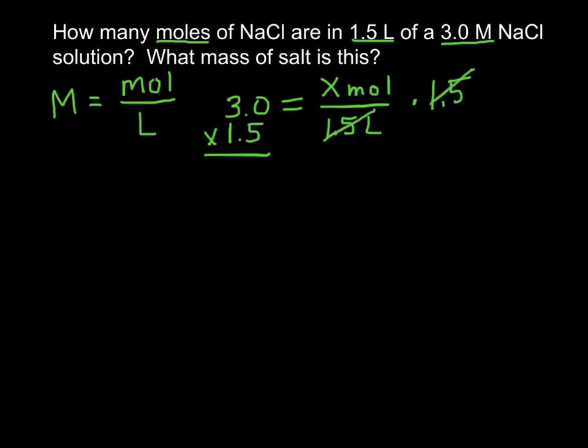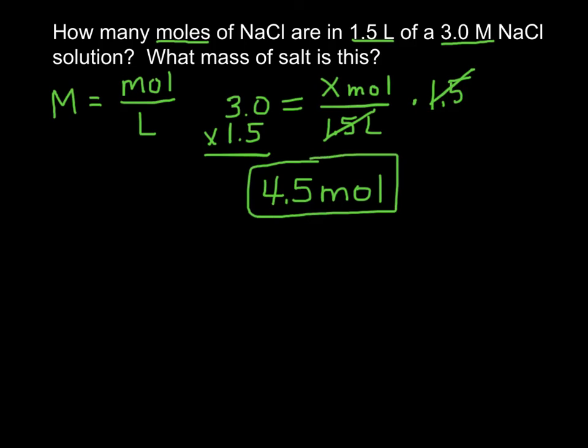The 1.5 cancels on that side, and you end up with 4.5 moles. 2 sig figs, both of those had 2 sig figs. So this is the first part of our answer.